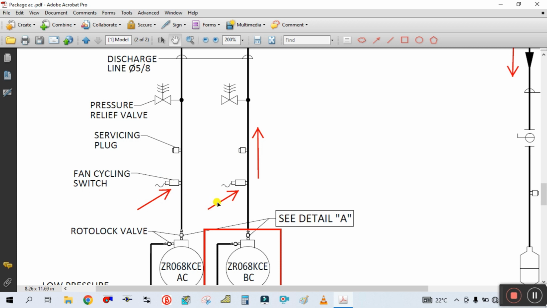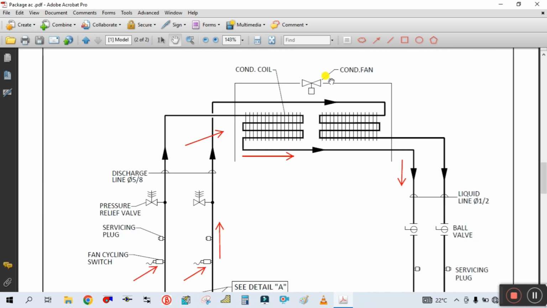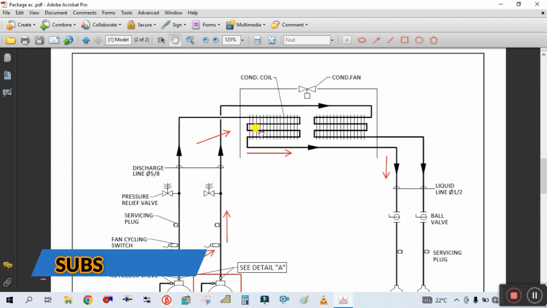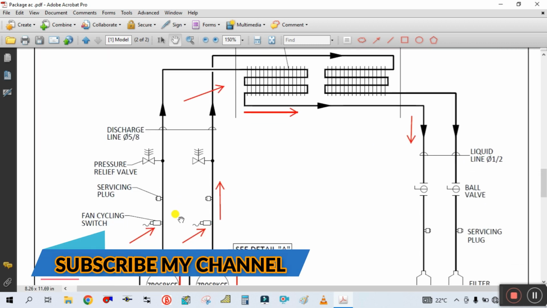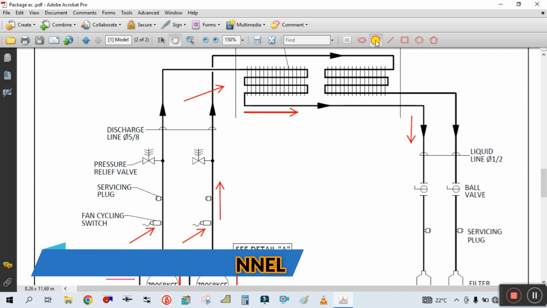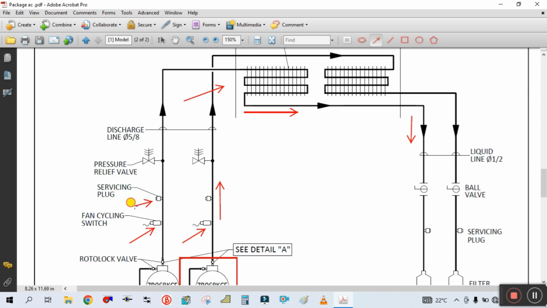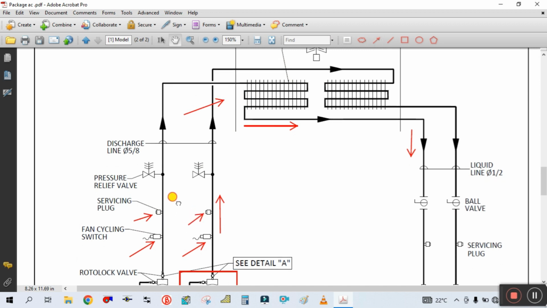Generally this fan cycling switch is connected to the condenser fan. You can see this is the condenser fan, and these two are called service ports. They are used for service.